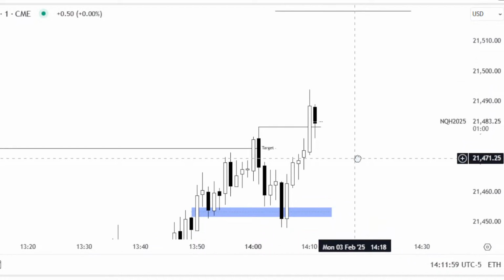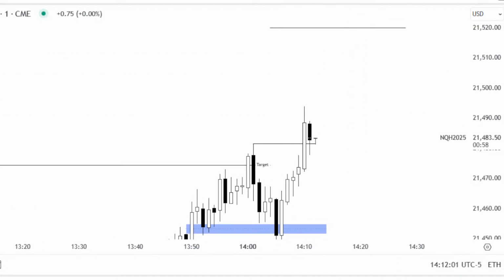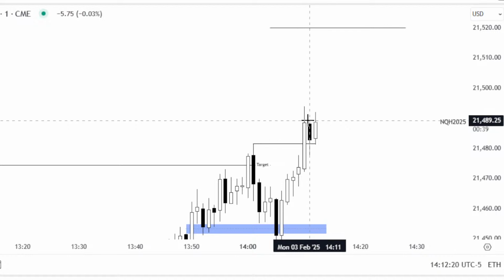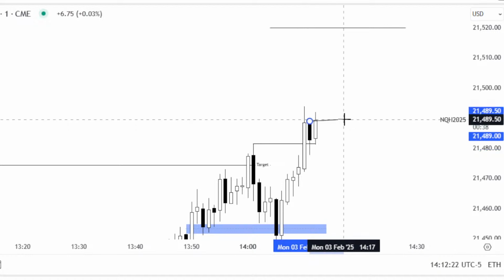See if that's where we want to go. So if we close above this black candle, then I think there's some upside to that 520s.